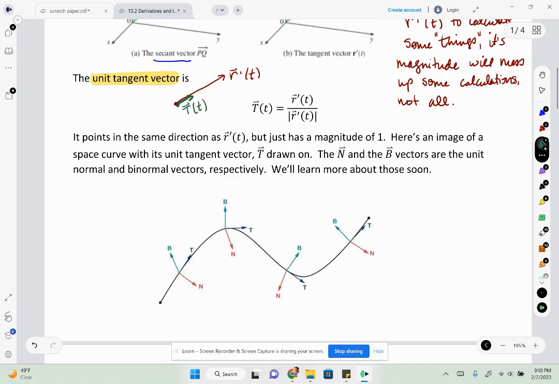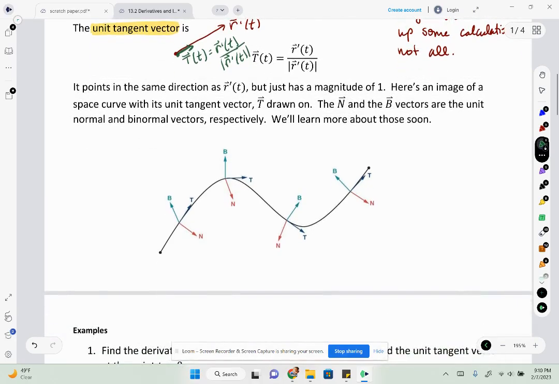That's our unit vector, just dividing out all of the length that we don't need. Down below we have an image of a curve. The black curve is on there, and then we see little T vectors. Those are all unit tangent vectors.